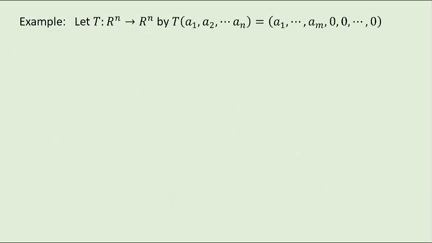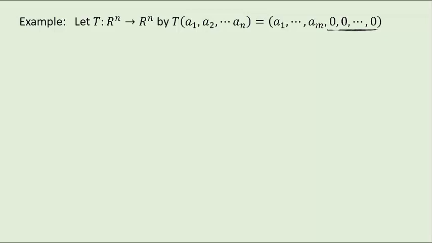For example, if T is mapping R^n, n space, to n space, and it takes an ordered n-tuple and sends it to, well, it zeroes out the last n minus m coordinates and makes them all 0.